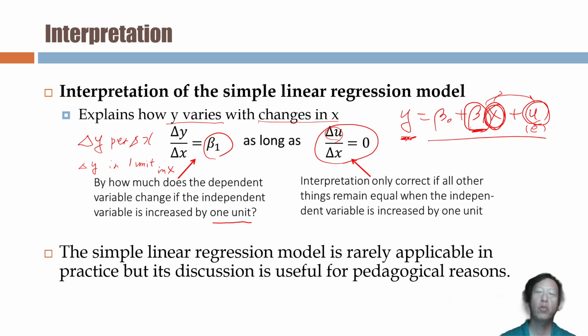If we start with multiple regression, it's going to be really hard to capture the idea. That's why we want to have the simplest form, and then we will learn a lot of different concepts. Once we have the concepts, we can apply them to multiple regression. That's why it's useful for pedagogical reasons.